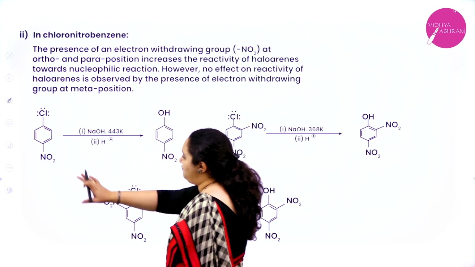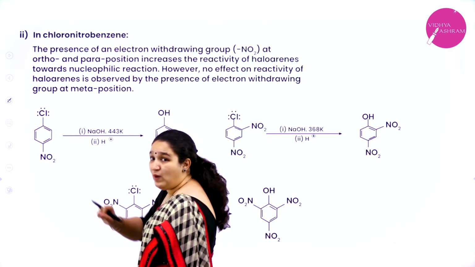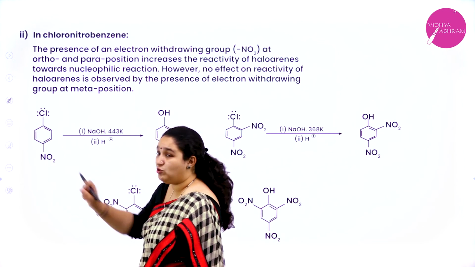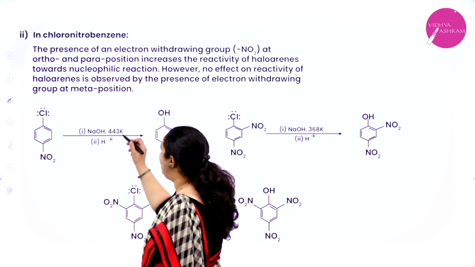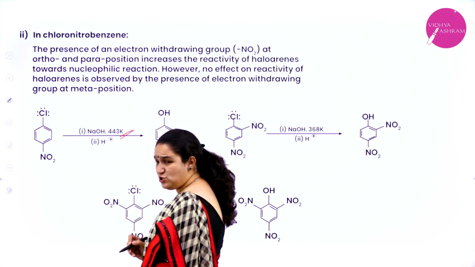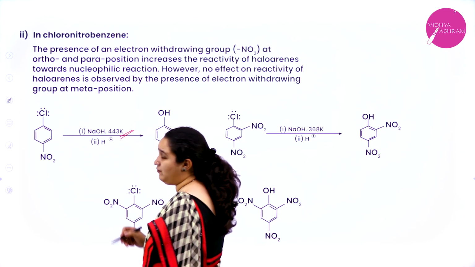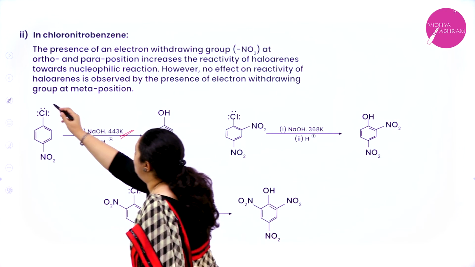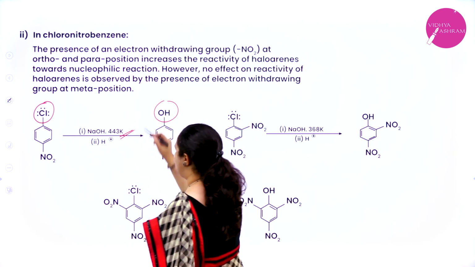So if you see the first reaction, we have only one nitro group in the para position. Correct? Now we have one nitro group in the para position, and if you are heating it at 443 Kelvin with sodium hydroxide, and then if acid hydrolysis happens, what will happen? The chlorine can be substituted with OH group.